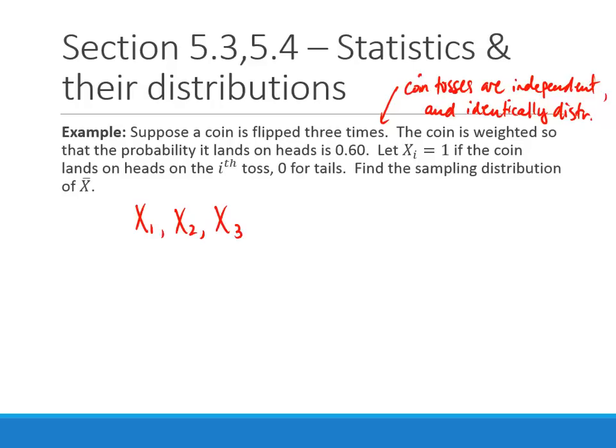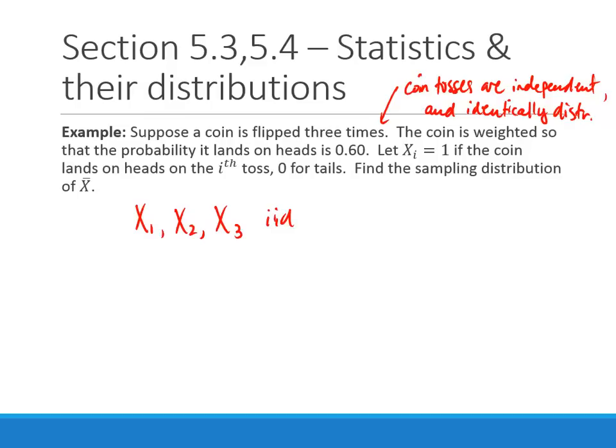And what is the distribution of each one of those coin tosses? So x1, what's the distribution of x1? Remember back to chapter 3. So just x1. What's the distribution of just one of those things? So I can either get a 1 or a 0, right?